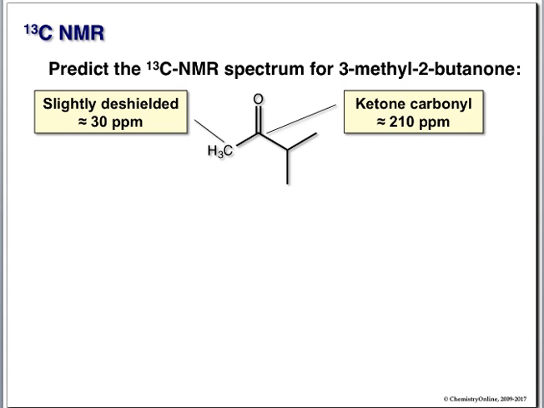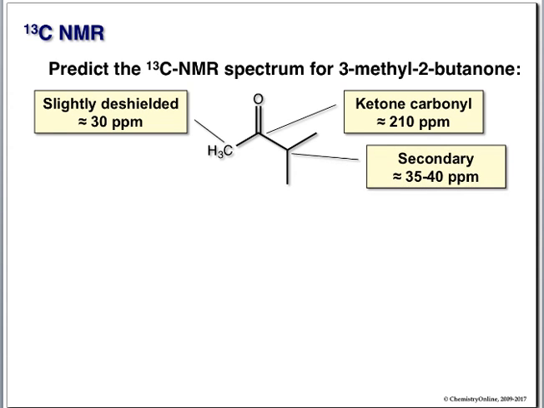One thing that you need to be very aware of in C13 is symmetry. We have an isopropyl group here. Now these two methyl groups are identical, aren't they? They're identical. They're both attached to the same carbon. Little plane of symmetry here separating the two. That means they're going to show up as a single absorbance. We also have a secondary carbon here in the middle, so these are going to be simple, and the secondary is going to be crowded out a bit.